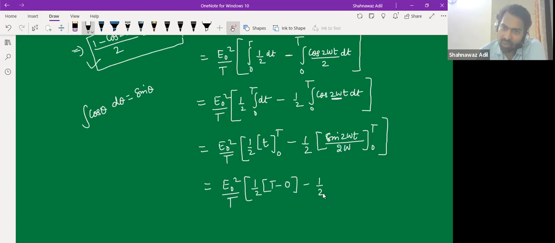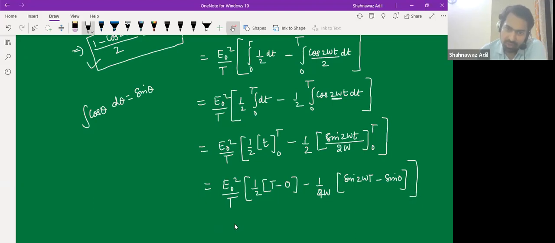And 2 omega is outside, so 4 omega. And this is sine of 2 omega, and in place of t, we have to put T. Minus of sine and 0. So let me write it as 0. Clear? And then the bigger bracket.